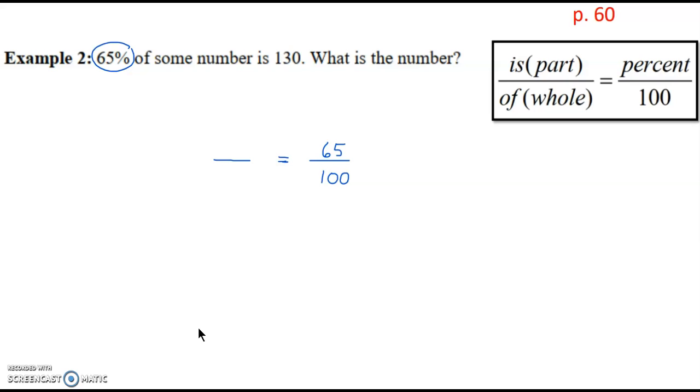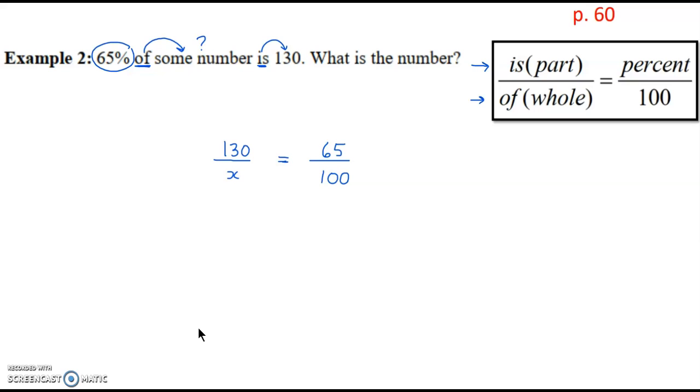Now it says 65% of some number is 130. If we look at our proportion, is to of, as percent is to 100. So what we don't know is the of. Of some number, we don't know, is 130.